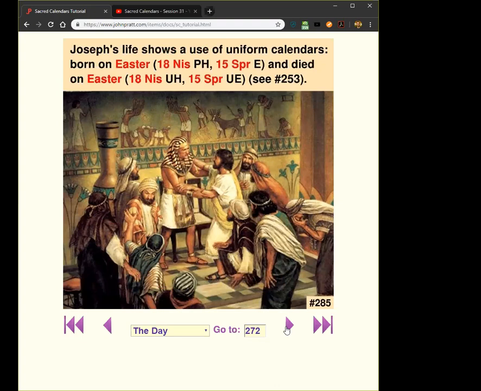Very often we've seen before that the prophets' births and deaths are linked together, linked to their children, linked to their wives, but usually on the same calendar. This is an example where a double Easter is linked to a double Easter on the uniform versions.